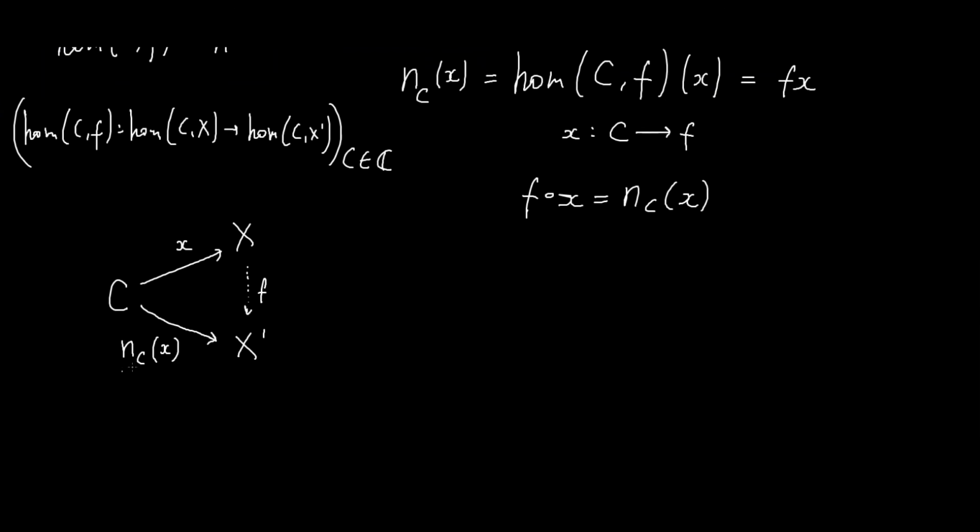More precisely, the component of the natural transformation parameterized by C, the value of that component at x. And this I want to happen for every C and for every small x. What should F be? Does this determine F uniquely?